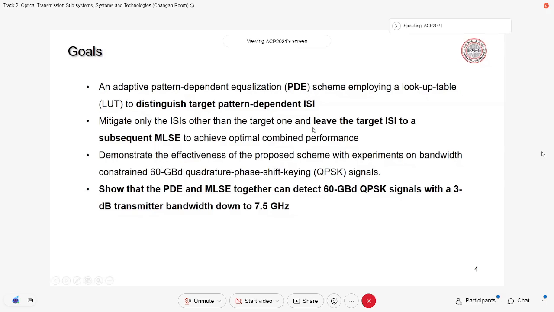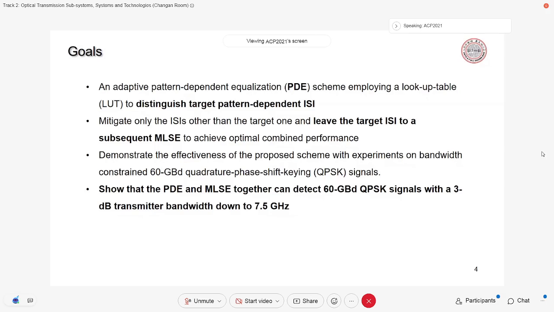And once it can distinguish this part, then it can just avoid destroying it. It just compensates only ISIs other than the target. And then the target will be left to the subsequent MLC. Why let MLC do this? Because in theory, MLC is the optimal solution for ISI because it has a nonlinear process.